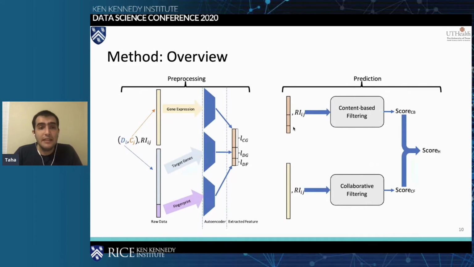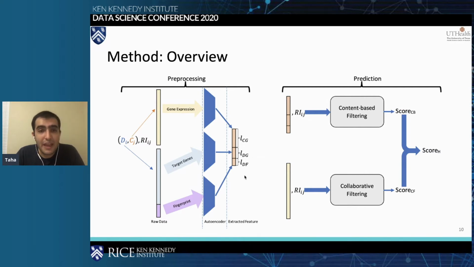So based on that, let me explain our method. This is an overview of the method, which has 2 main modules, pre-processing and prediction. For pre-processing, for each pair of drug I and cell J, we have the genetic expression, target genes, and fingerprints of this pair, which are compressed by different deep autoencoders to reduce their size to much smaller vectors.